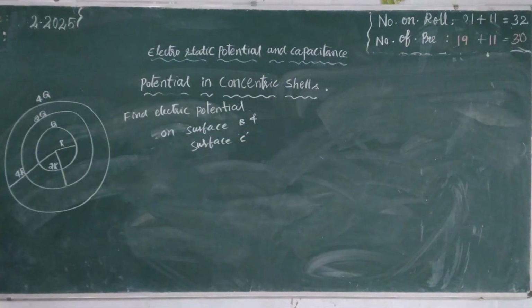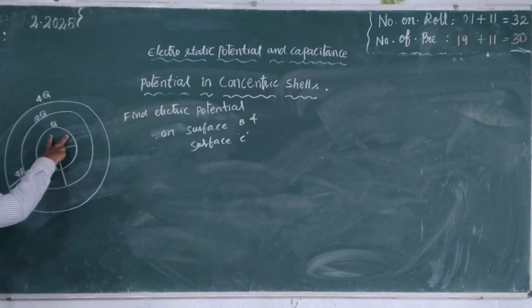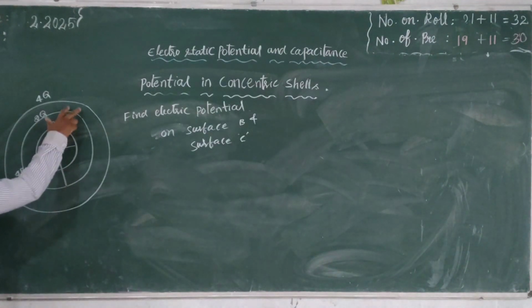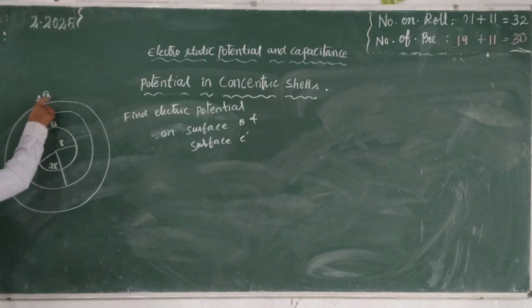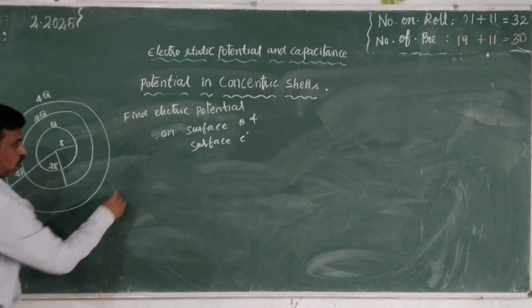Here three concentric spheres are given: the first surface, second surface, third surface. Radius is r, 2r, 4r, charge is q, 2q, 4q. First, we find the potential on B.